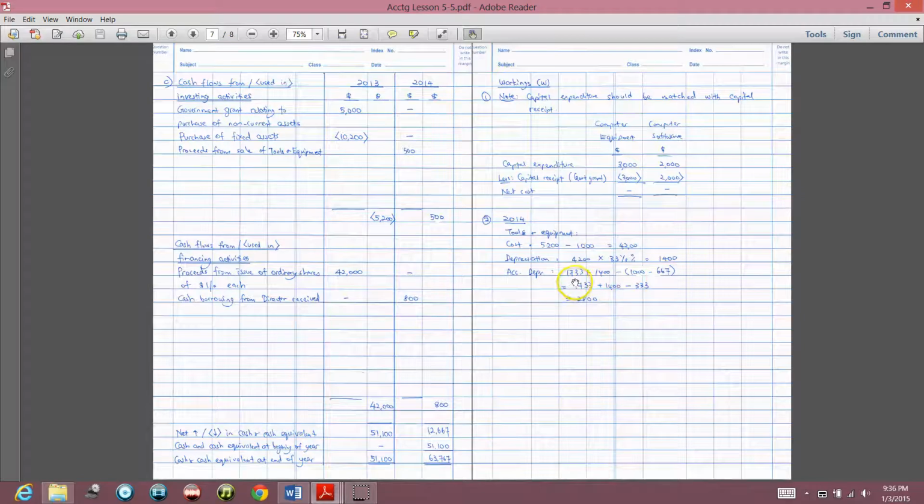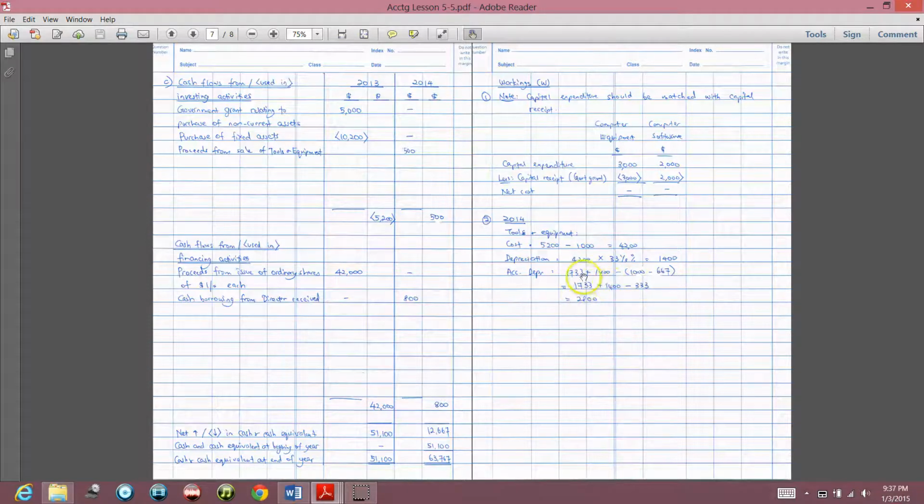So the accumulated depreciation is 1,733 plus 1,004, and I must take out from it, because the depreciation for the asset sold was included in this 1,733. Now that asset is gone already.